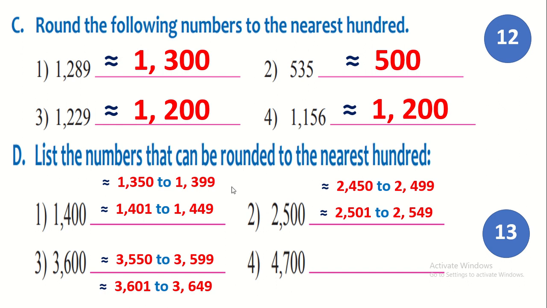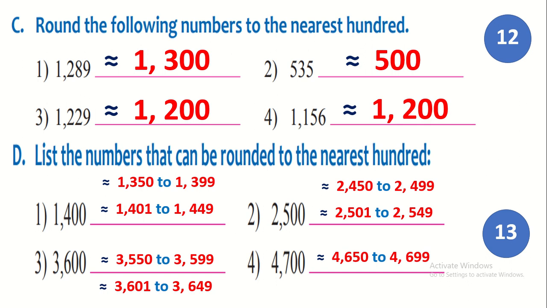What are the numbers that can be rounded to the nearest hundred to get 4,700? The numbers are 4,650 to 4,699. You round these numbers to 4,700.